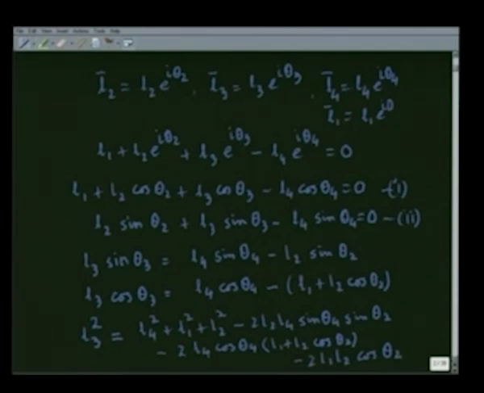Let me carry out this algebra a little further, and from now onwards I will write capital C for cos and capital S for sin for brevity.